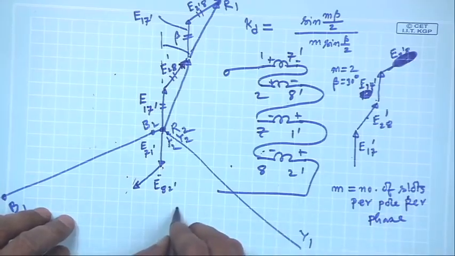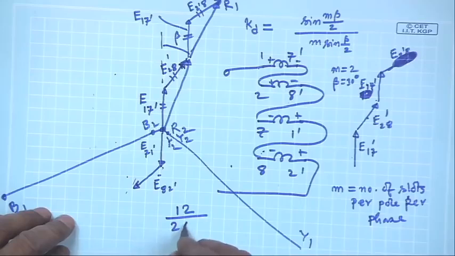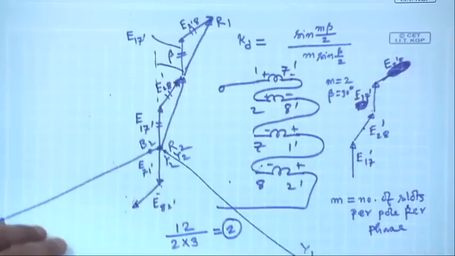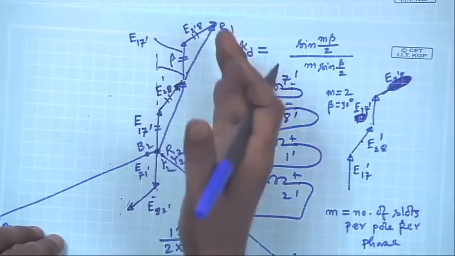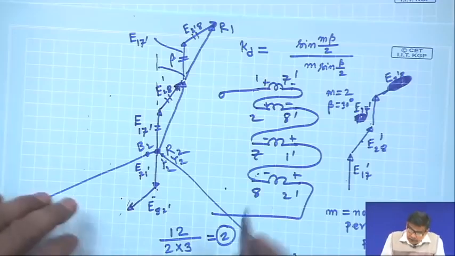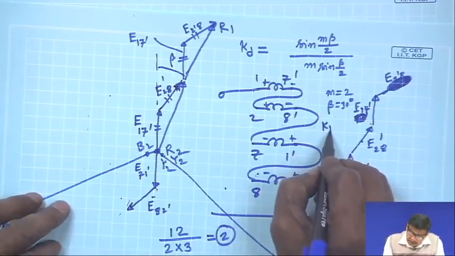In this case, this was 12 slots, number of poles was 2, number of phases 3. So, 2. To calculate distribution factor, what is the pitch factor? Pitch factor is 1 in this case, because I have not short-pitched the coil. So, Kp is 1.